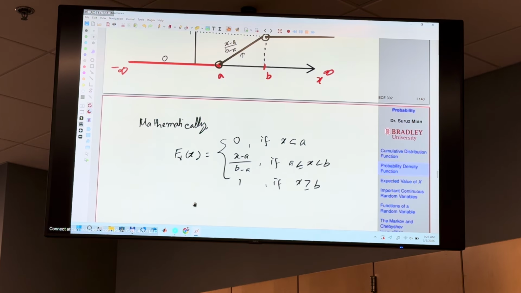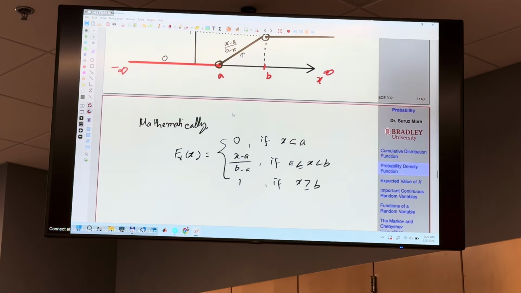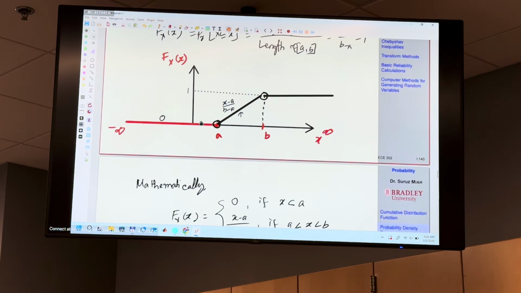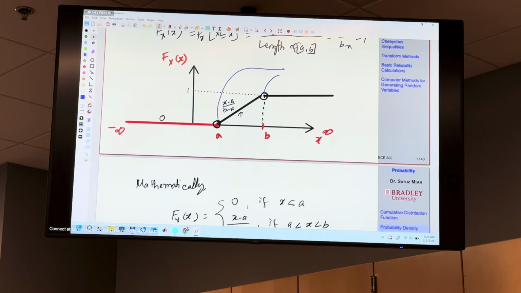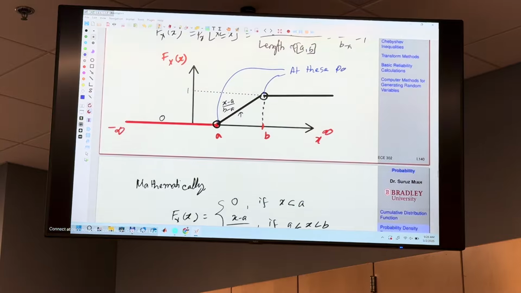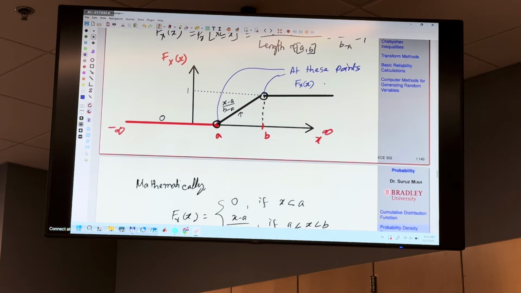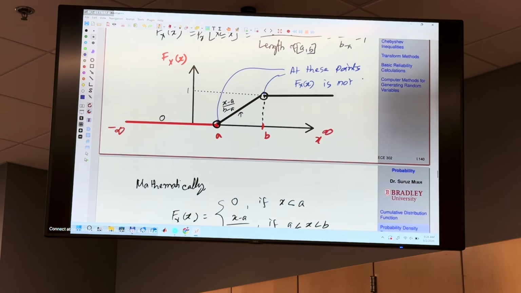What you should notice here is that we have this open circle, which means at this point F sub X is not differentiable.